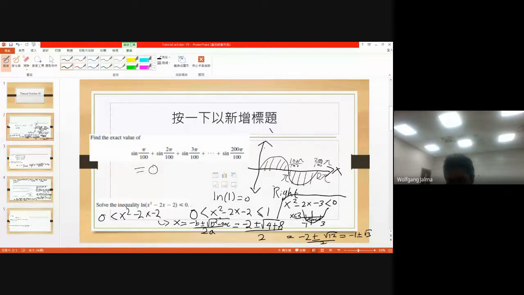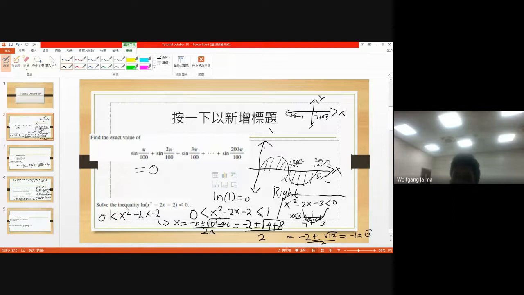So we have minus 1 plus or minus, we have here x, y. This is minus 1, this is minus 1 minus the square root of 3, and this is minus 1 plus the square root of 3, because the square root of 3 is bigger than 1, right?